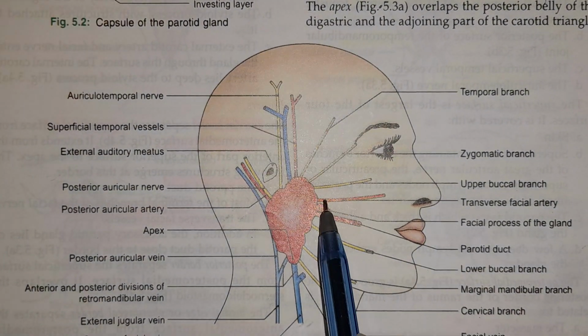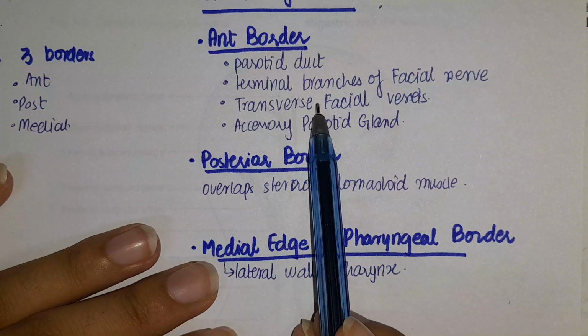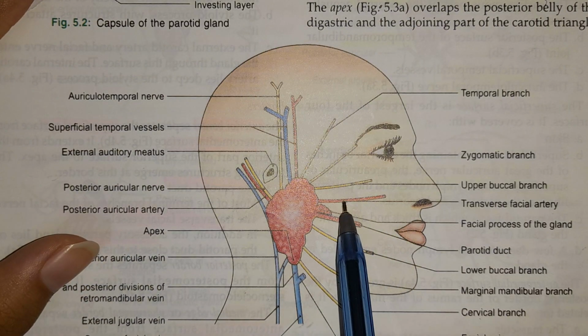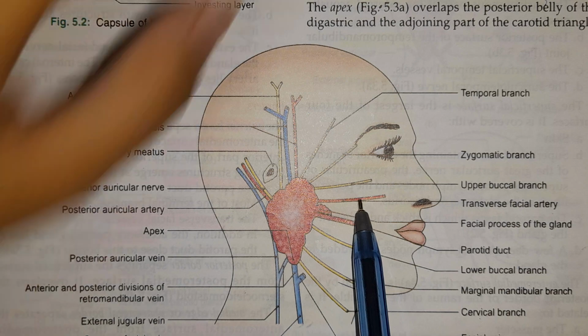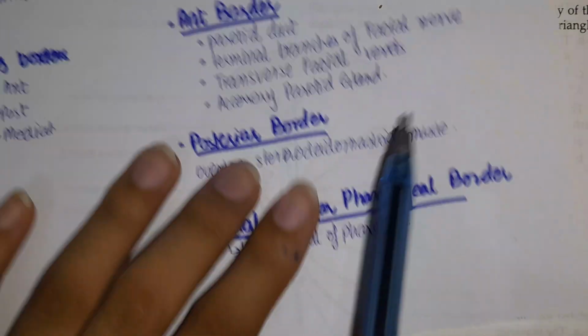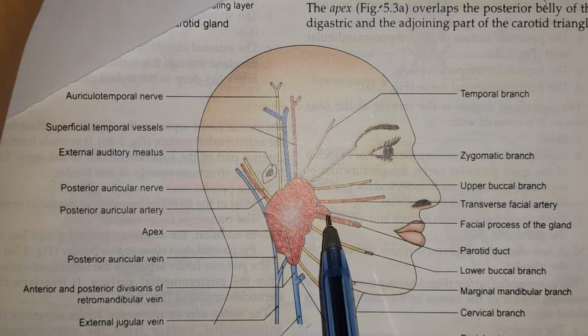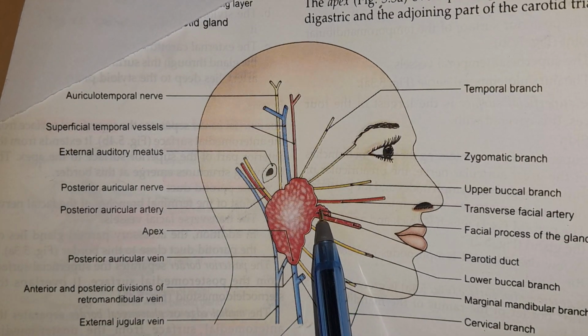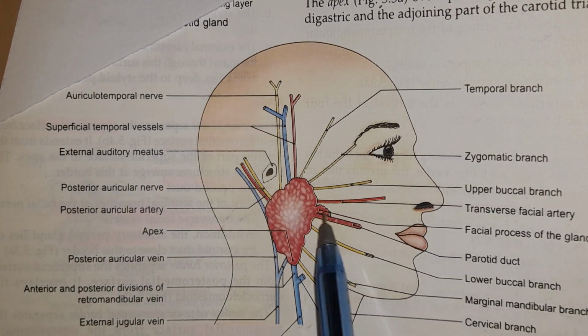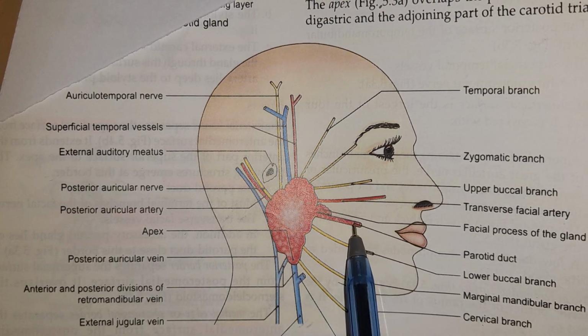Then I told you there is another thing, that is the transverse facial vessels. So we have the facial vessels, that is the transverse facial artery mainly. Then we have the accessory parotid gland, that is the facial process of the gland that is radiating forwards. Apart from this, we also have the parotid duct.